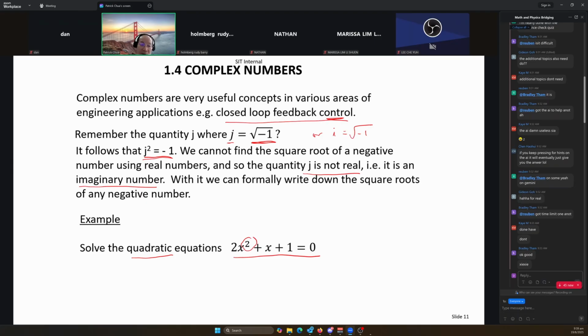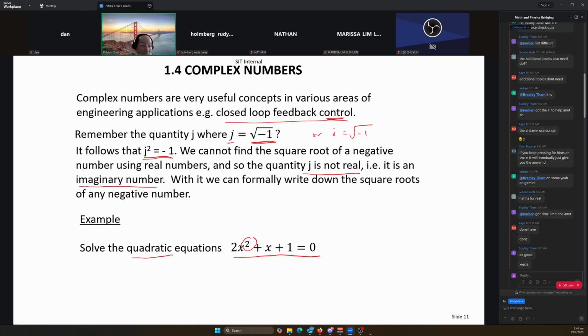And I've given you an example, solving this quadratic equation. It is called quadratic because quadratic is the power of 2. And you cannot factorize this. Using any factorization method, you will not be able to factorize this. Whether the butterfly method, bow tie method, or any method, you will not be able to factorize this.